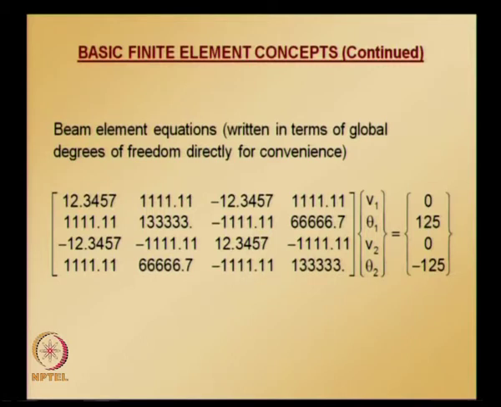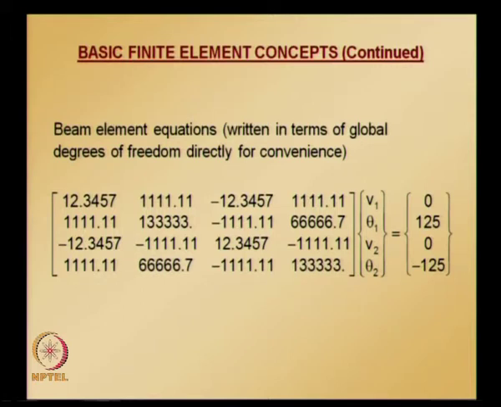Now coming back to the spring element, the spring element has 2 degrees of freedom, V3 and V2, and we need to decide how we number these nodes, whether node 3 is local node 1 or local node 2.